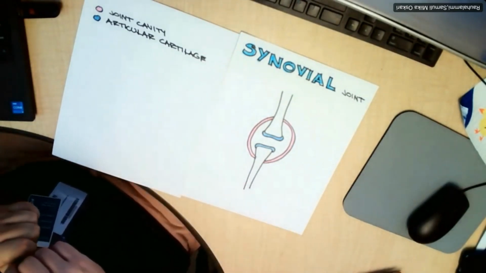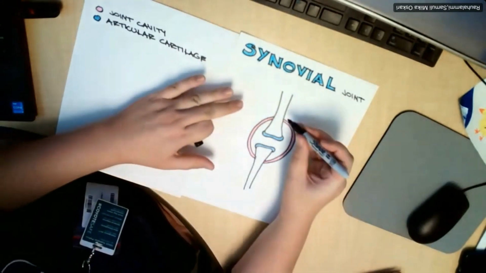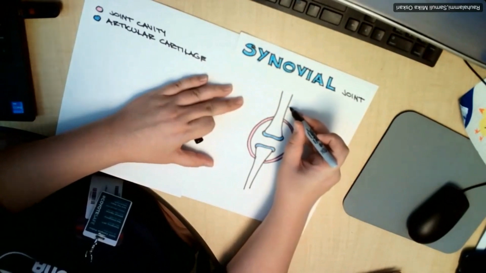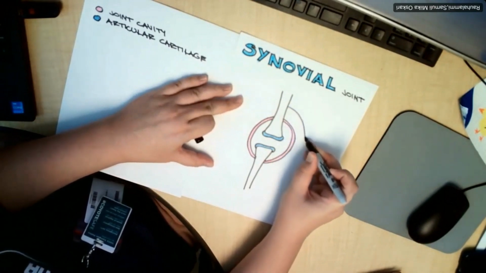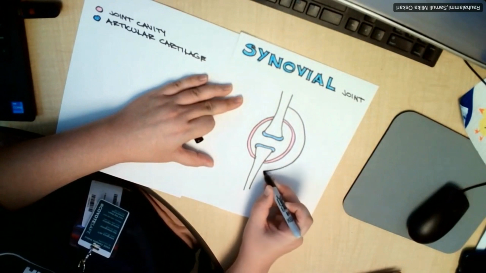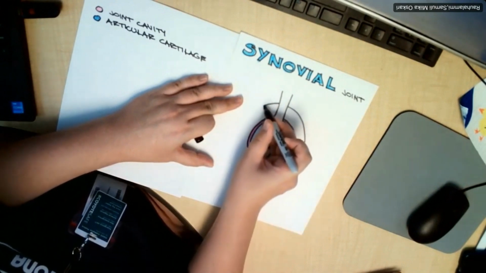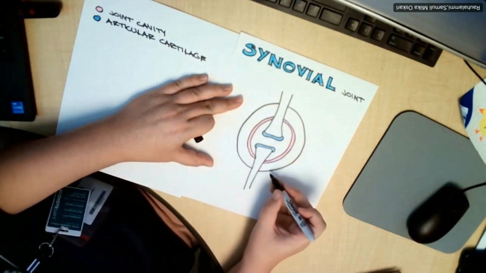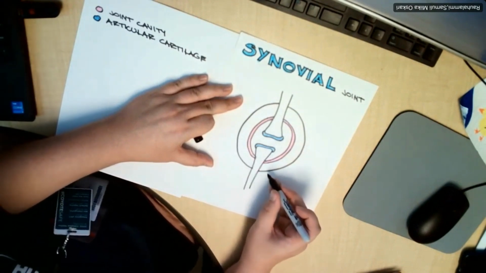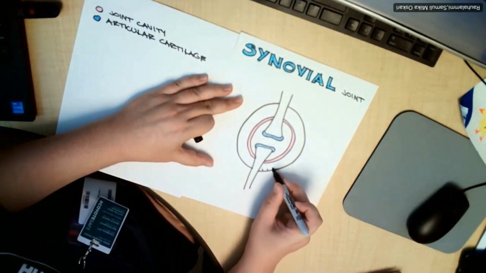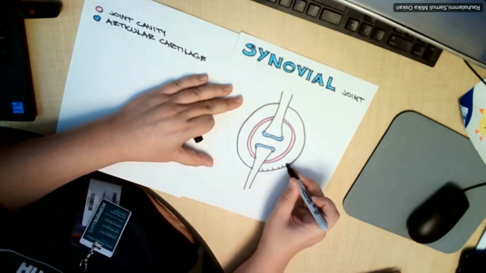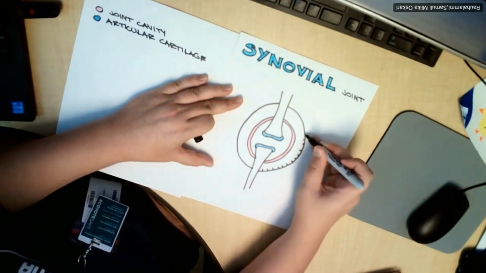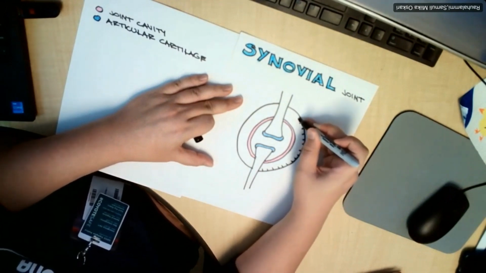And the next thing that I want to add to our diagram is going to be the actual joint capsule. So we're going to add that as well. And the joint capsule is really the actual layer around this joint that we're seeing.